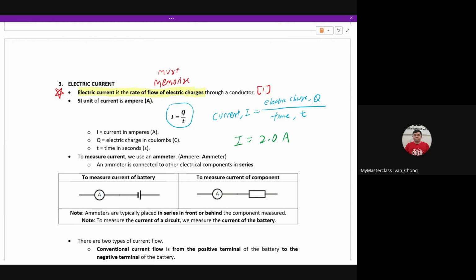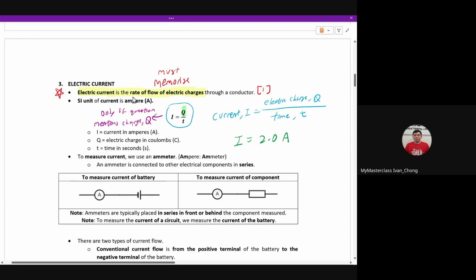We don't use this formula very often, because there is another formula later on that we'll be using much more often. So when do we use this? Only if the question mentions charge. Only when you have charge do we use this formula. Otherwise, we don't use this formula at all.